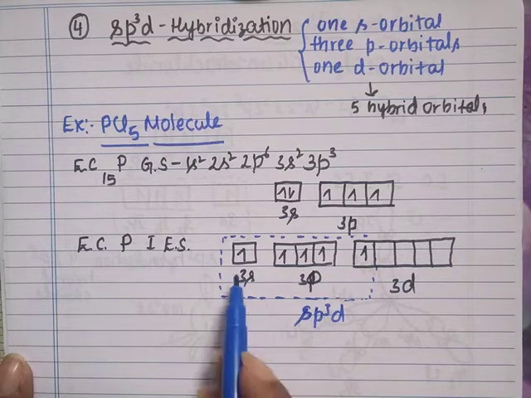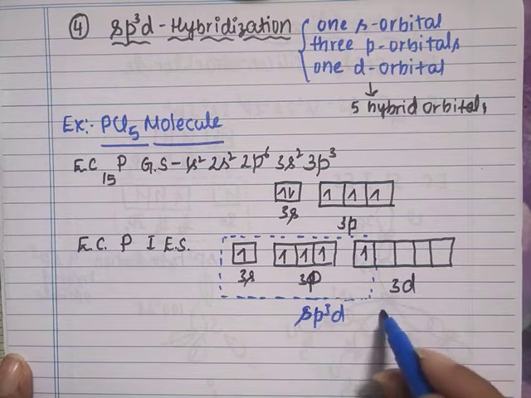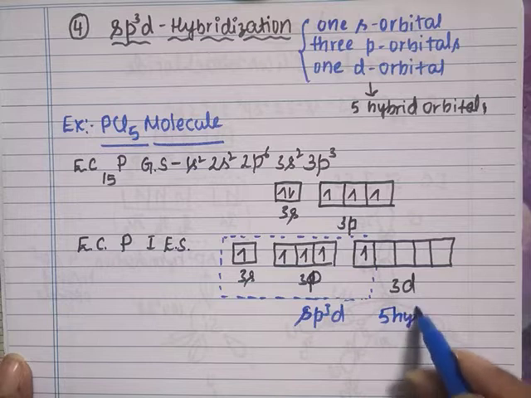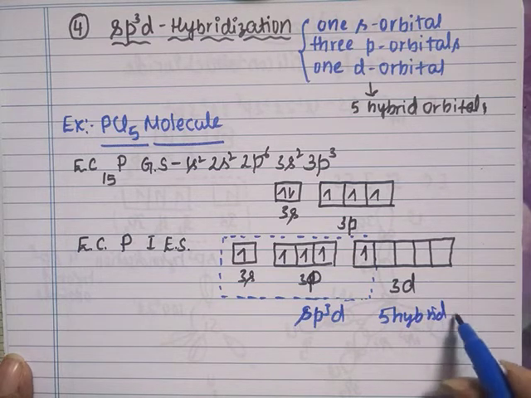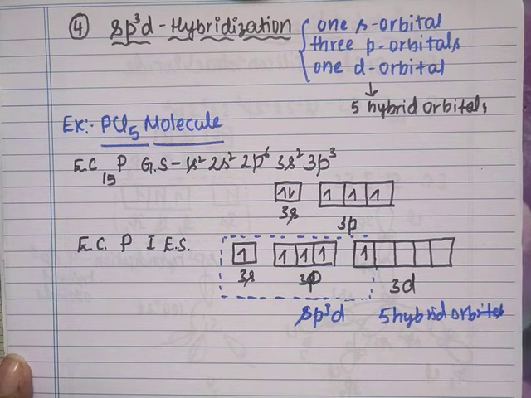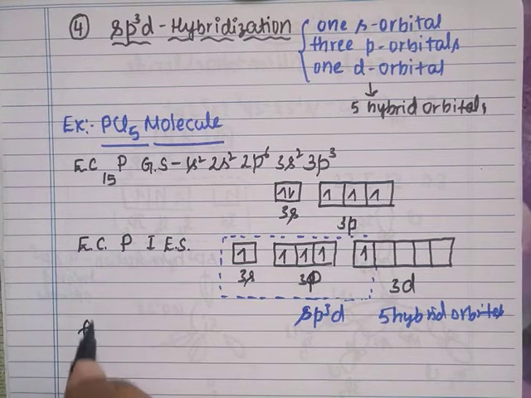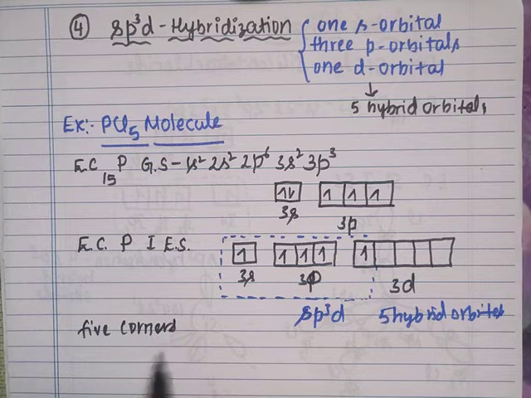When they undergo sp3d hybridization, they form 5 hybrid orbitals. So these 5 hybrid orbitals will be directed towards the 5 corners of a trigonal bipyramidal.